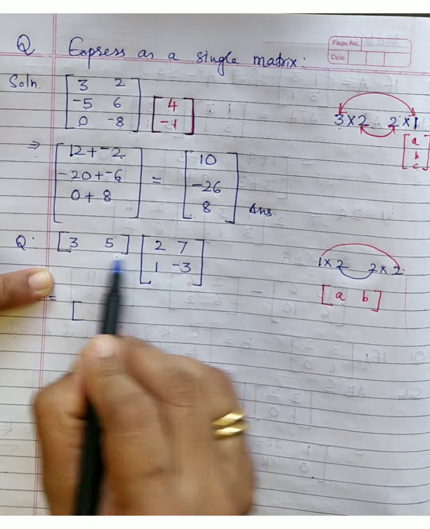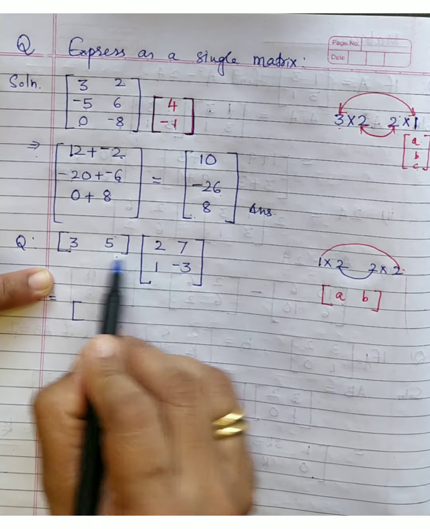Now B's position, first row, second column. 7 3s are 21 plus 5 into minus 3, 5 3s are 15, minus 15. Okay. Now work out. 6 plus 5, 11; 21 minus 15. What is the answer? 6. Answer matrix obtained, right?